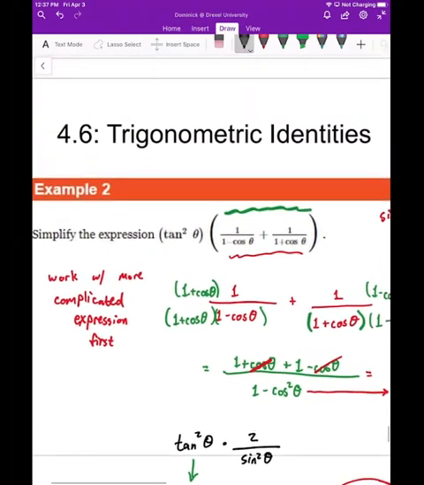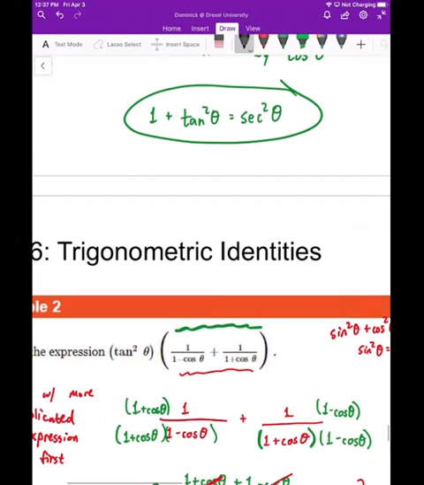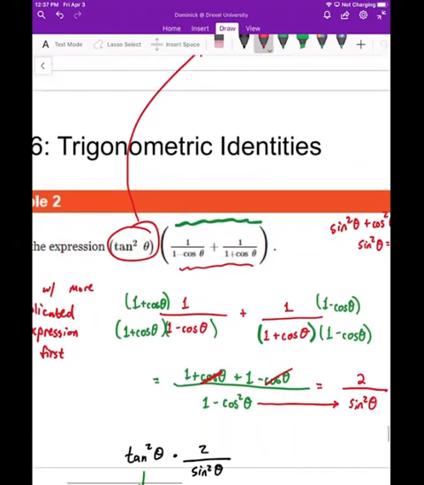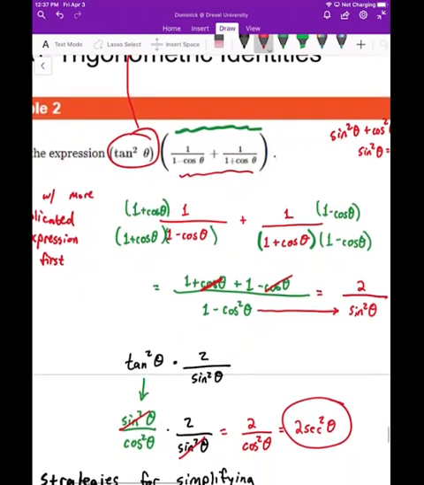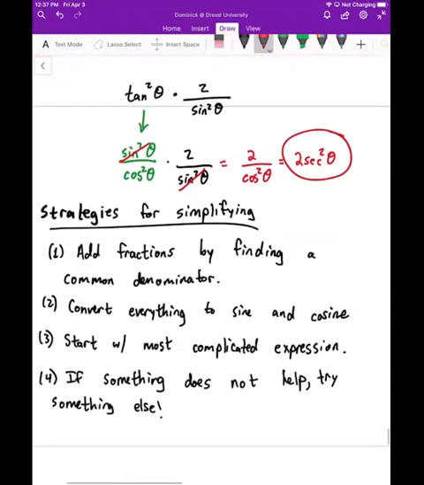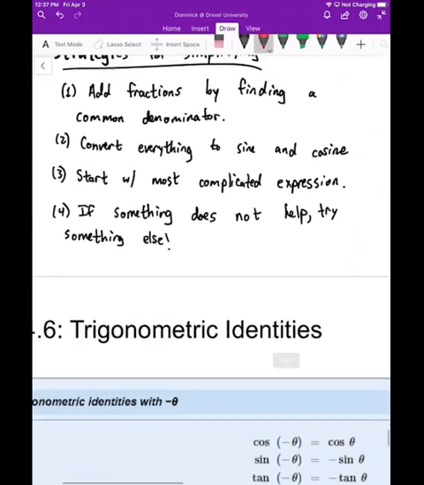For example, I may have looked at this tangent squared and thought I could use this identity and say that it's secant squared minus 1. That could have also led us to the final answer. We don't know that because we haven't done it, but there are several ways you could go about one of these simplifying problems. So don't feel like there's only one way to do it.